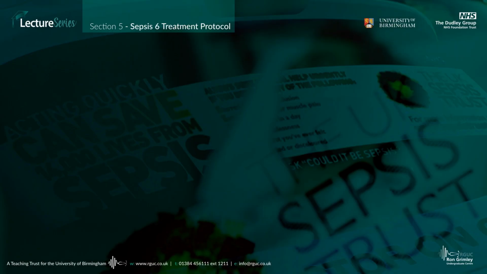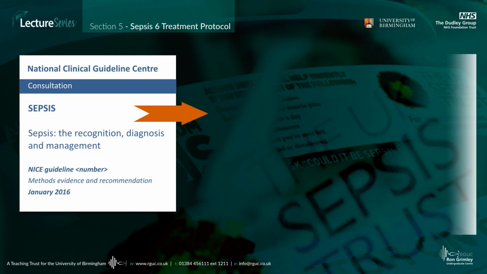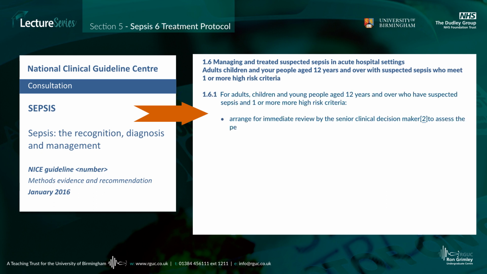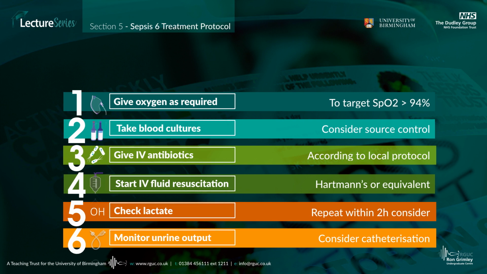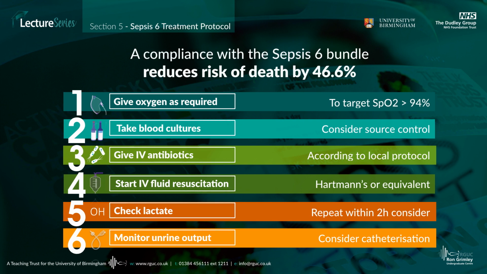NICE have published a series of guidelines which aim to recognise and treat sepsis early. A key component of this is completing the Sepsis 6 treatment protocol on time. Compliance with the Sepsis 6 bundle has been shown to reduce the risk of death by 46.6%.